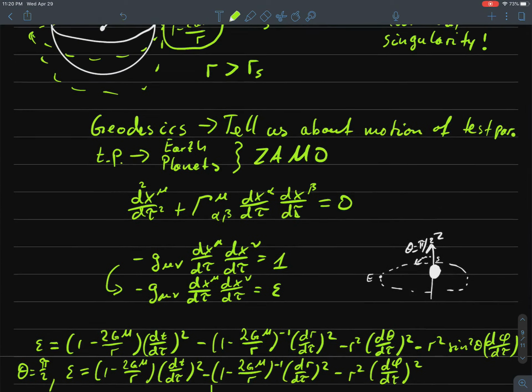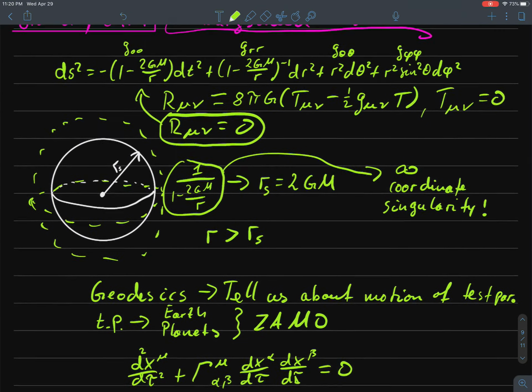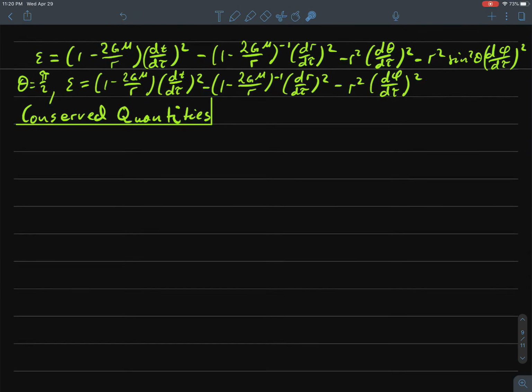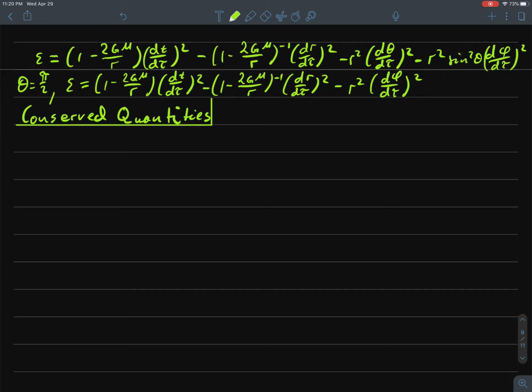And if we go back to our Schwarzschild metric, we can see here that the metric components never depend on time, and they never depend on phi. So that means there's 2 Killing vectors. Without having to solve the Killing equation, I know there's 2 Killing vectors.